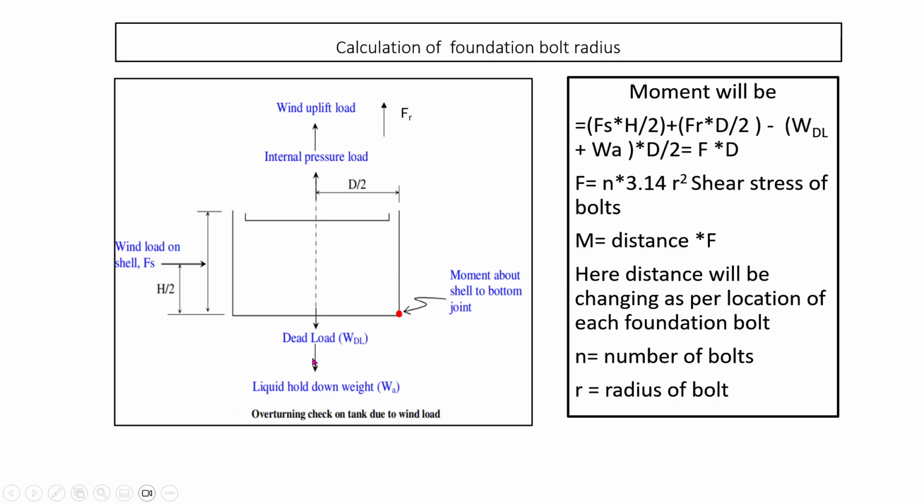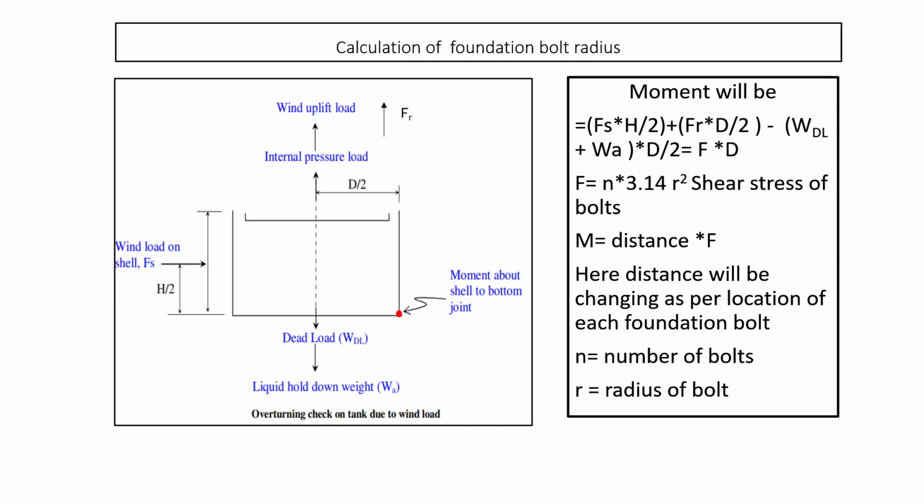The other bolts, from here and here, are not subject to the full d; the distance will be less, and then you have to calculate the total force. The total D you know, and the locations you know, and the bolts are all the same size, so you will come to know the force on each bolt.